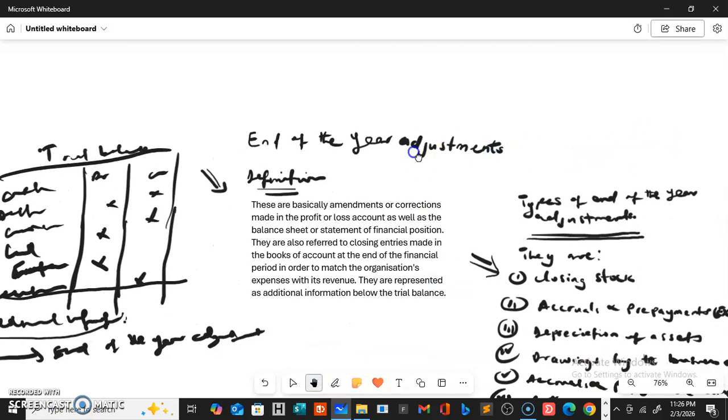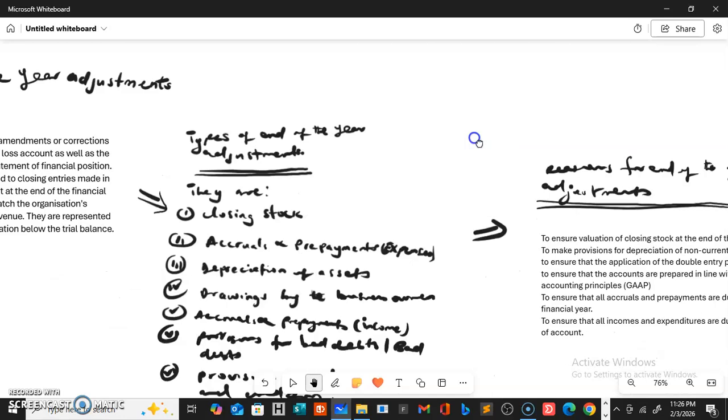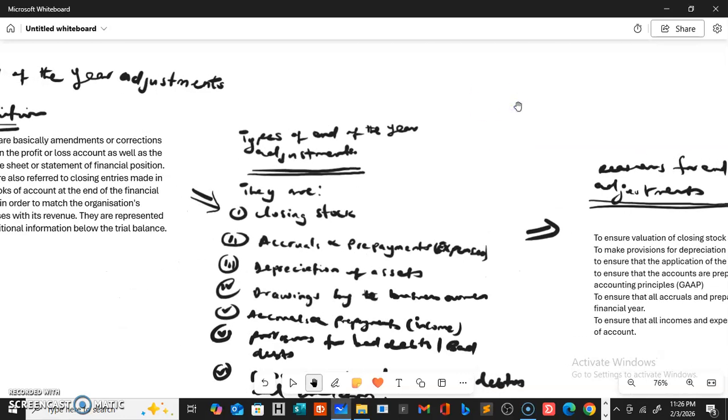There are various types of end of the year adjustments that we can come across, most especially in the additional information. We have the closing stock. We also have accruals and prepayments of expenses, and depreciation of assets. We have drawings. We have accruals and prepayments for income.